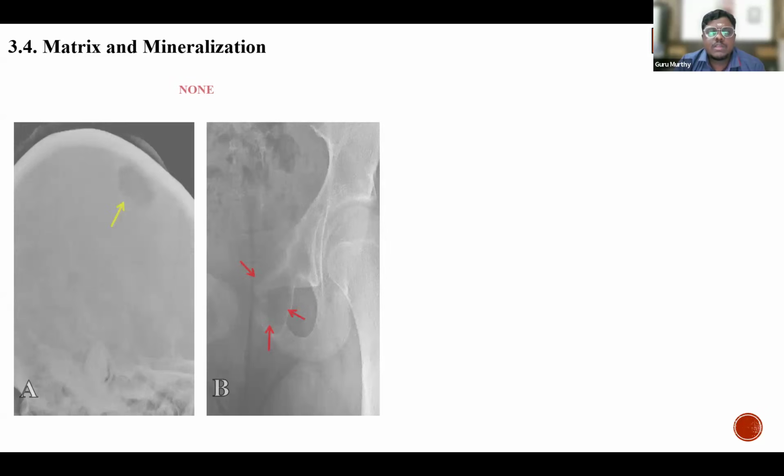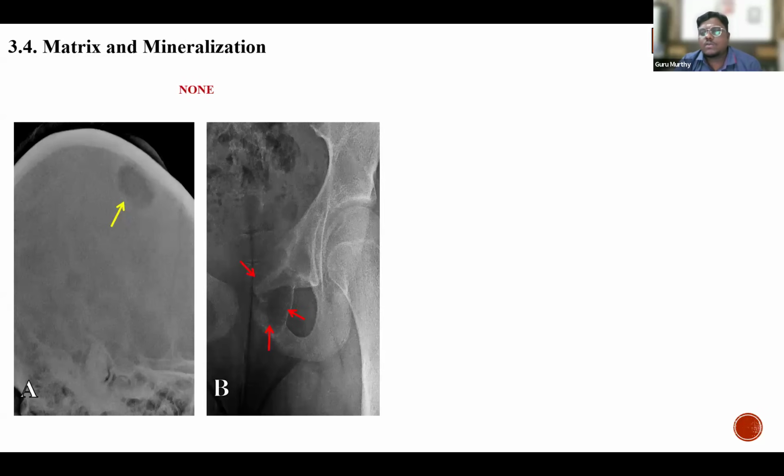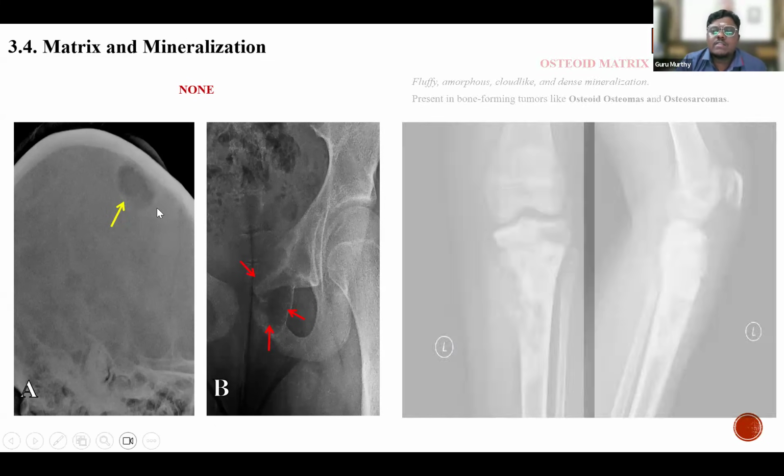So next, coming to the matrix mineralization. The zone of transition will comment about the aggressive nature of the lesion. Matrix and mineralization comment about the histopathological component of the lesion on your X-ray. So most commonly we will be seeing purely lytic lesions without any matrix.